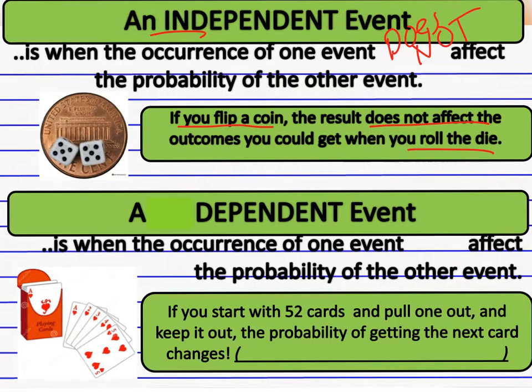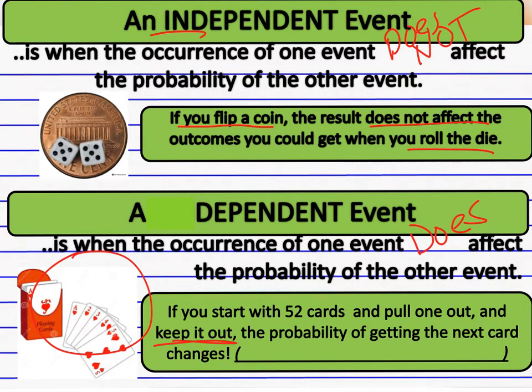A dependent event, on the other hand, is when the occurrence of one event does affect the probability of the other. So think about cards. If I start with a deck of 52 cards, I pull one out and keep it out. Very important. I keep it out. The probability of getting the next card changes.